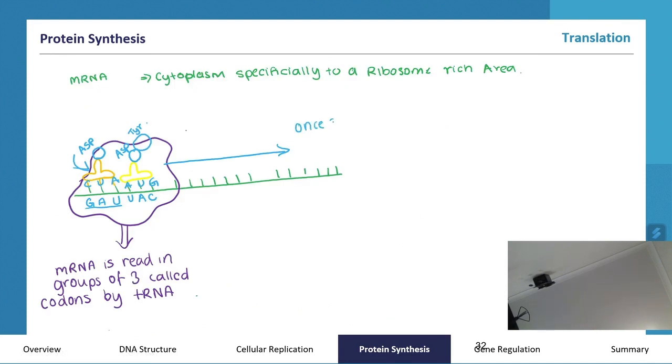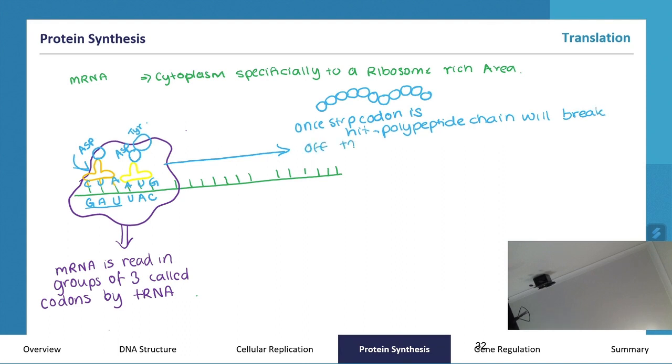But once the stop codon is hit, the ribosome and the tRNA will stop the translation process, and the chain of amino acids, which has been produced, also known as a polypeptide chain, will break off the tRNA and the ribosome, and condense into a 3D structure known as a protein.